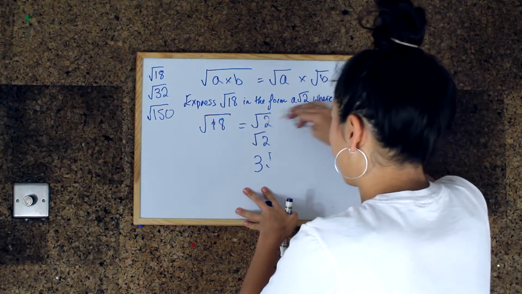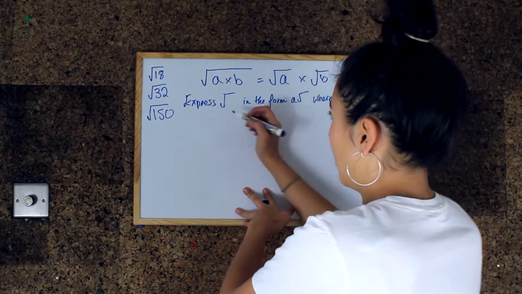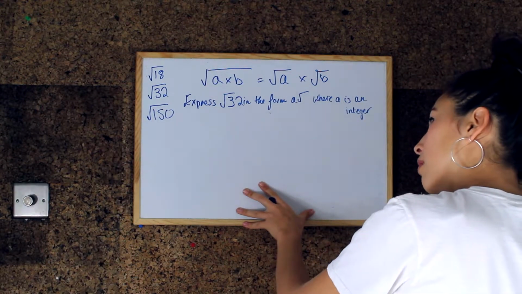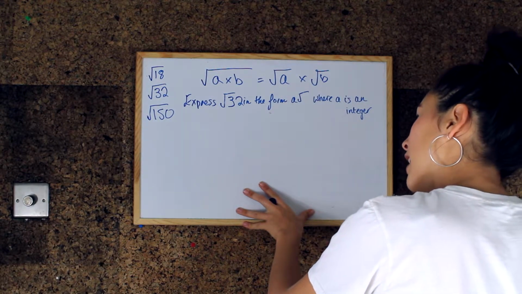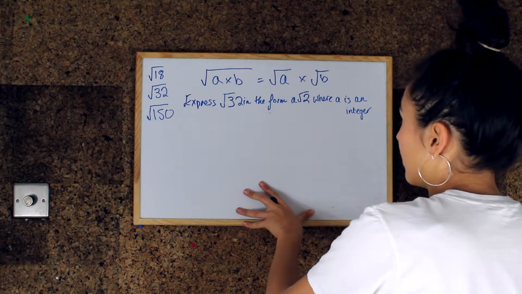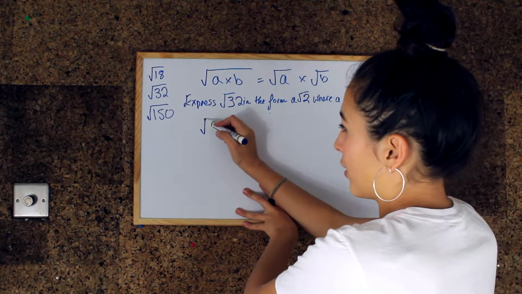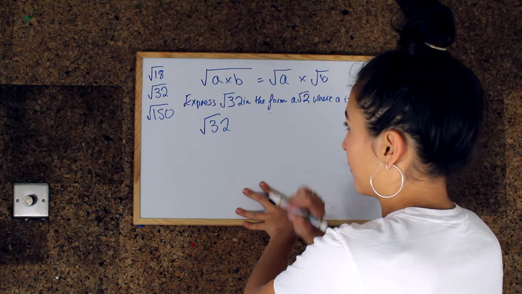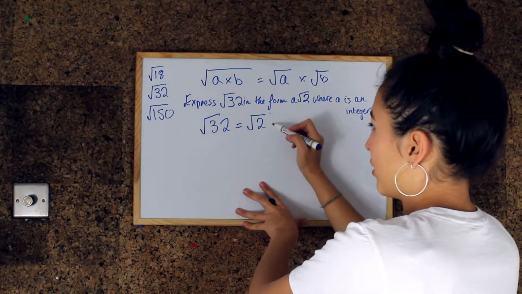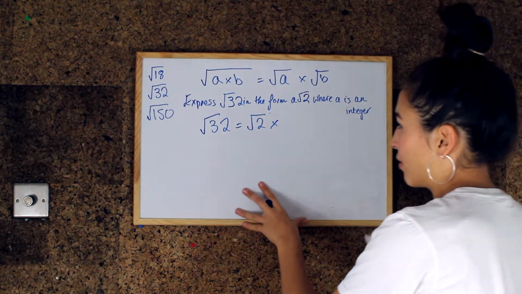Let's try another. Let's say we have root 32 in the form of a root 2. So we start off with 32, and then we know one of them is going to be root 2 because that's the form that they wanted.